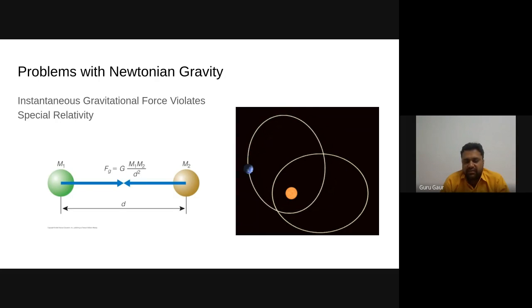No information can travel faster than this. So this will take a finite time. While for instantaneous travel of the information, you will need the speed to become infinite, which is not possible. So that's one major theoretical drawback in this Newtonian gravity.